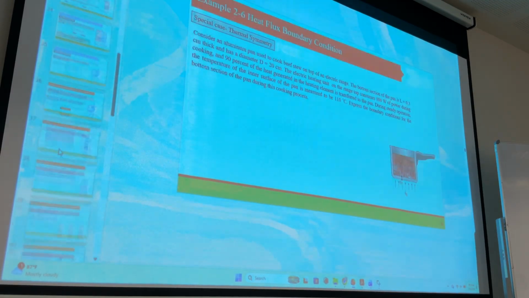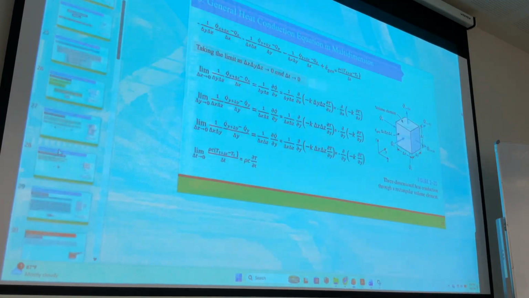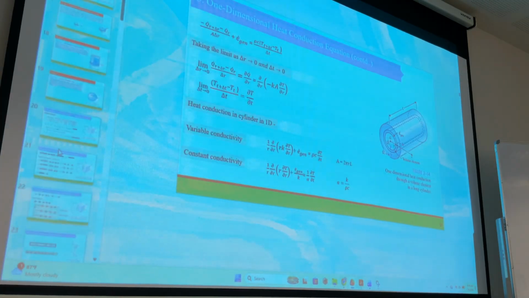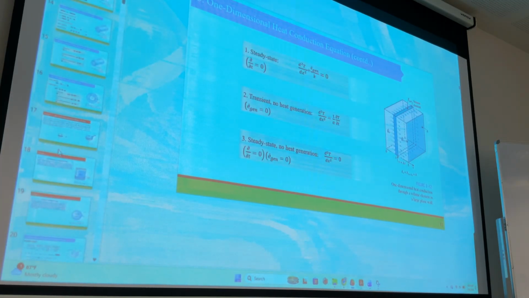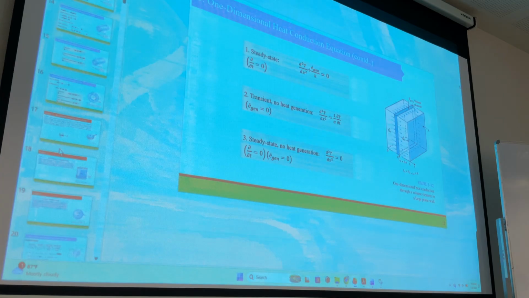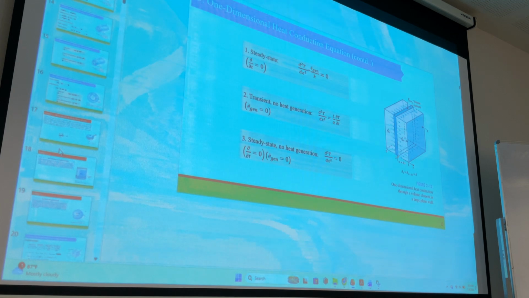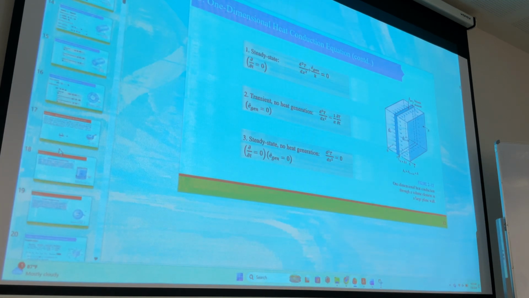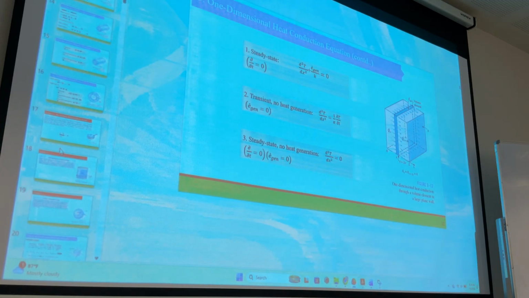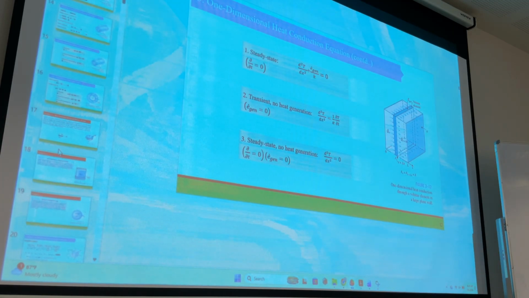So you go here. You identify which differential equation will be used, then you identify the boundary condition, and then you solve that differential equation for that iron case, specifically for that iron case.